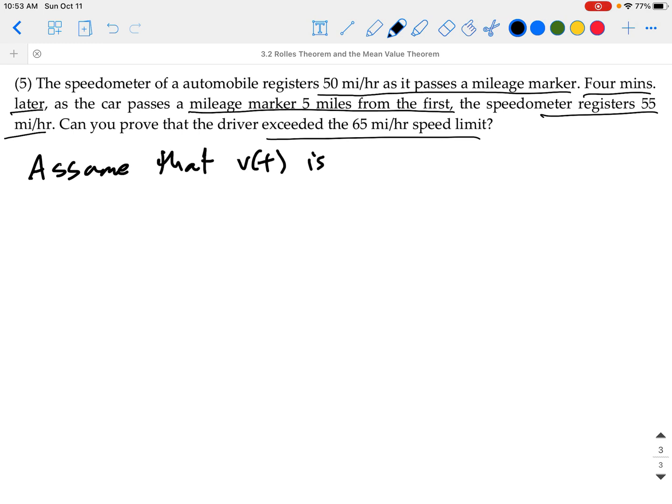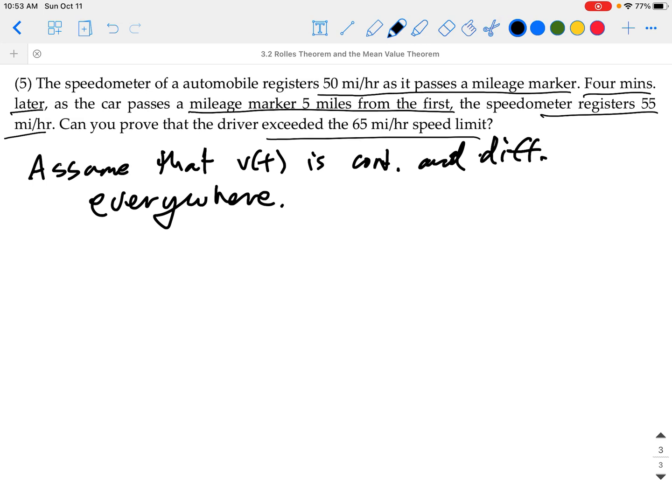that the velocity of the car is continuous and differentiable everywhere, right? So at any given point, our velocity is changing in a continuous way, either increasing or decreasing.